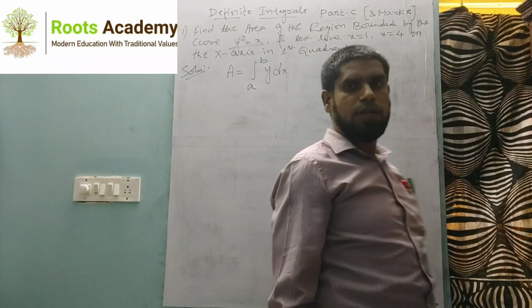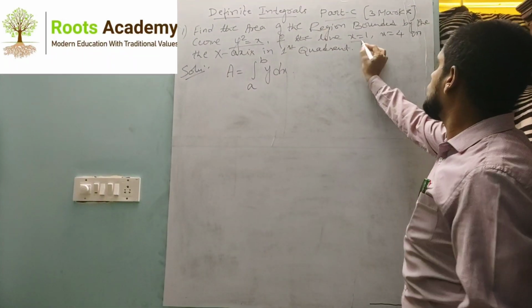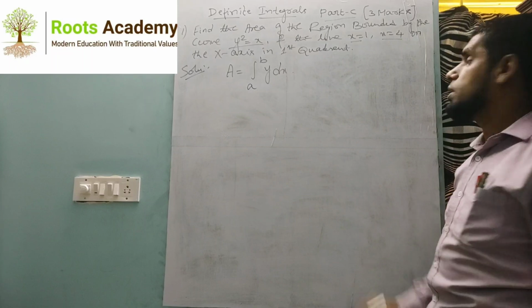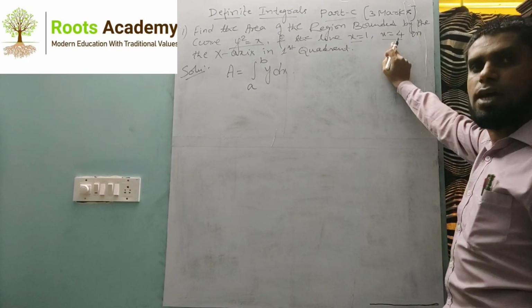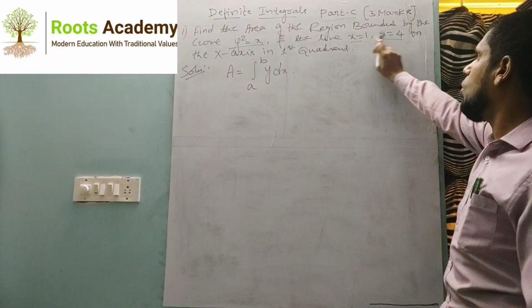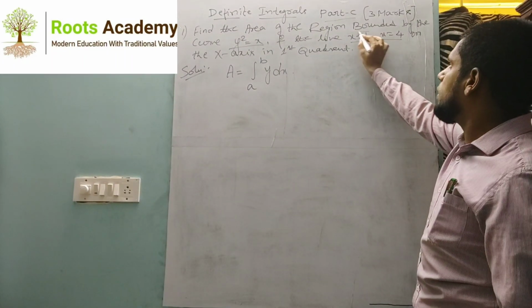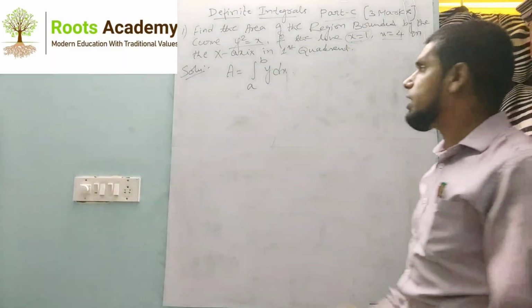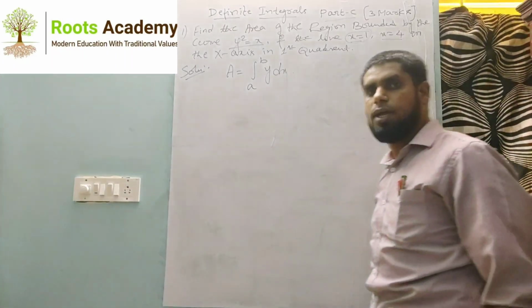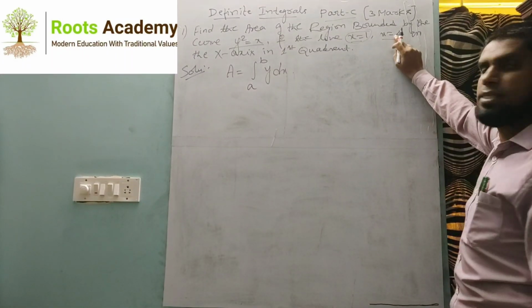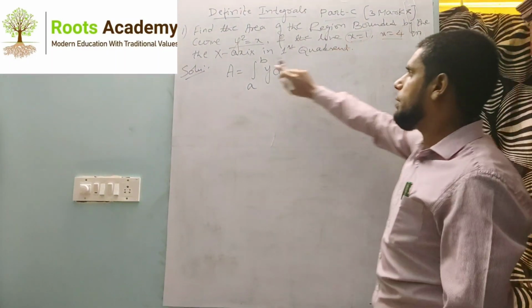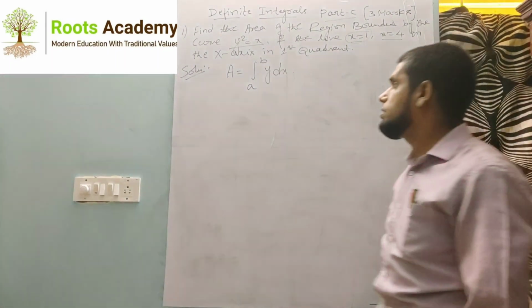Here, if two values of x are given, these two values are called the limits of the integral. The smaller value of x is our lower limit a, and the highest value of x is the upper limit of the integral.